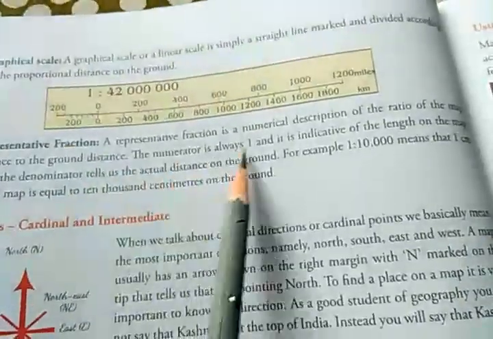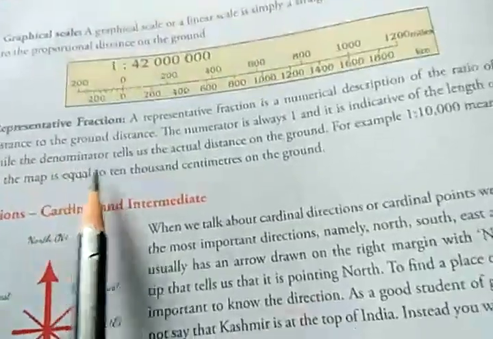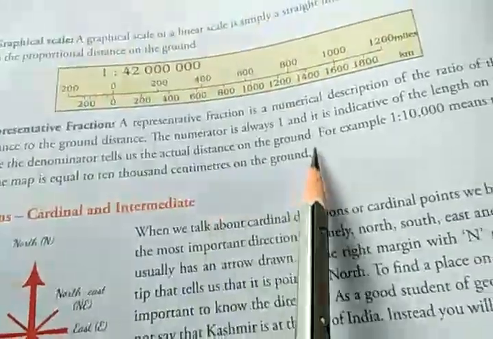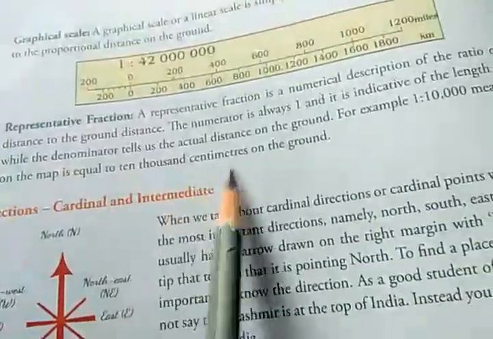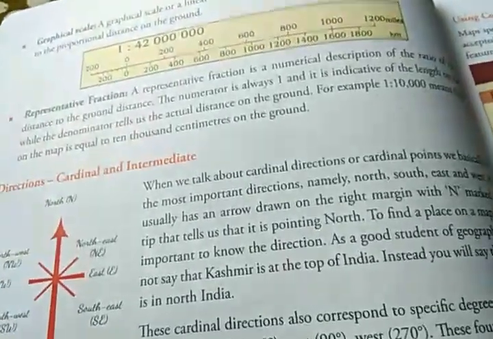The numerator is always 1 and it is indicative of the length on the map, while the denominator tells us the actual distance on the ground. For example, 1 is to 10,000 means that 1 centimeter on the map is equal to 10,000 centimeters on the ground. So in this way you have to find the answer in the book and write in your own words.